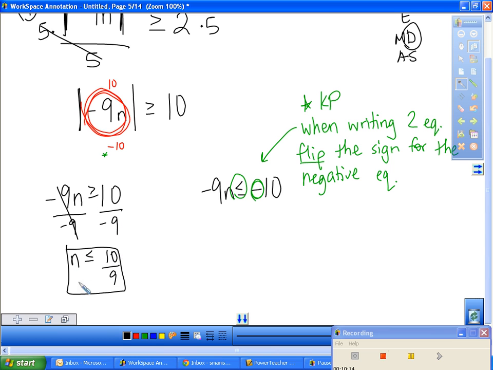There's one solution. Now here I have negative 9 divided by negative 9. Even though I already flipped it when I set it up, I'm dividing by a negative and I can't change the rules of math. I still have to follow that rule. So I'm just going to flip it back the way it was. And I'm going to have n is greater than 10 over 9.